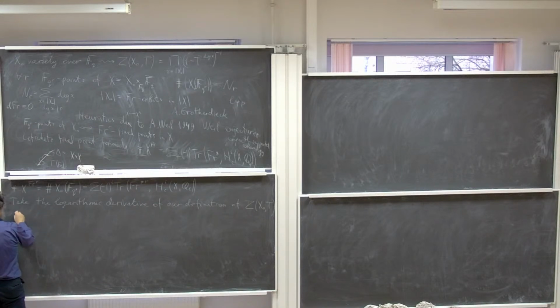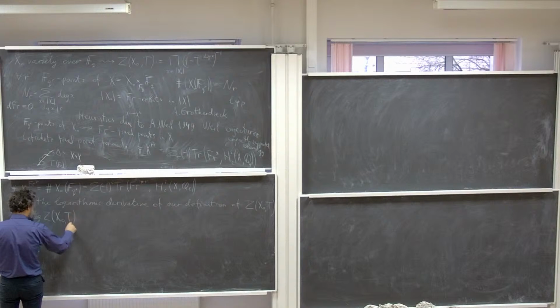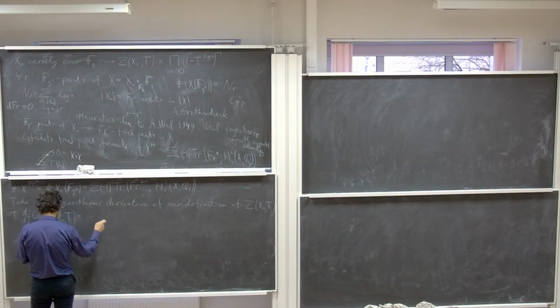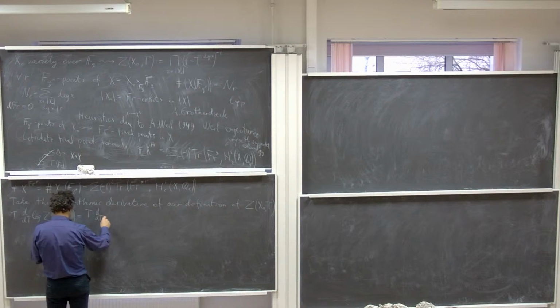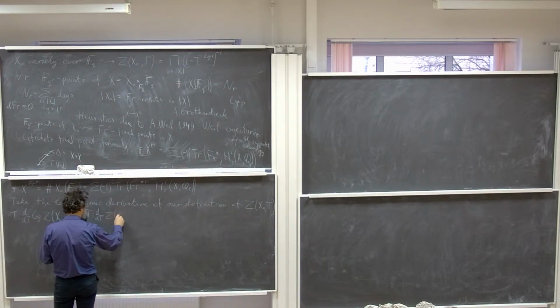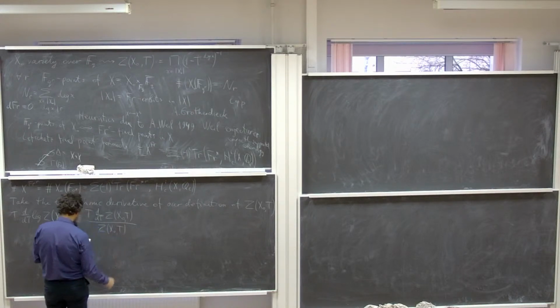We get t d over dt of the logarithm of zeta of X, t, which is t times the derivative of the zeta function divided by the same zeta function.